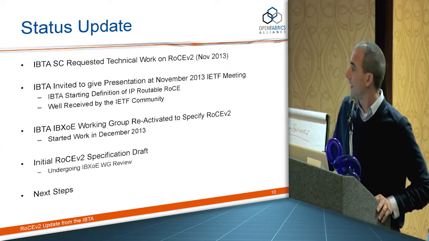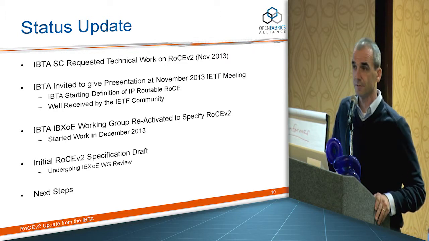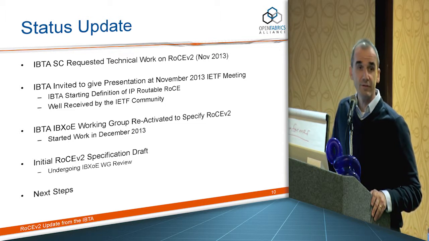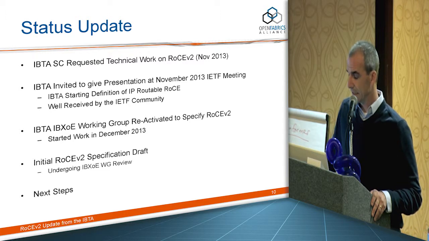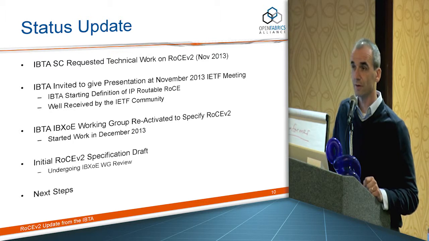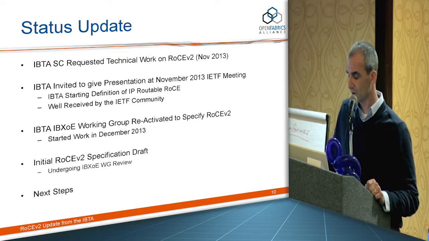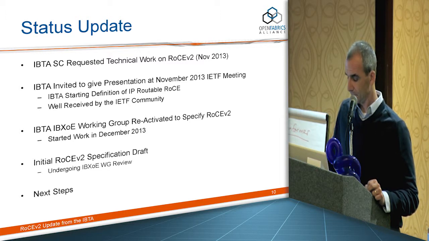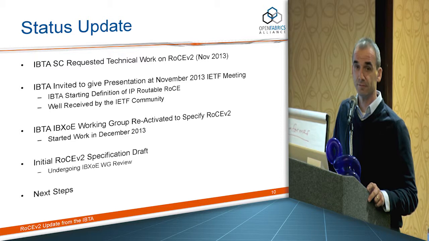The IBTA initiated this work close to the end of last year, in November of 2013. We were invited to give a presentation to the IETF in the November 2013 meeting in Vancouver, where we disclosed the fact that the IBTA was working on an IP routable version of RoCE, and this was very well received by the IETF community, which is a very important thing for us.